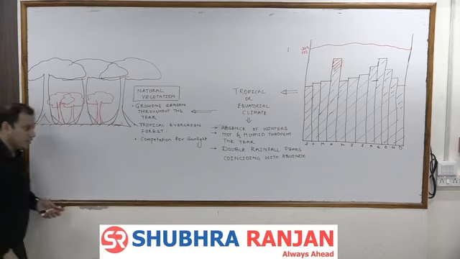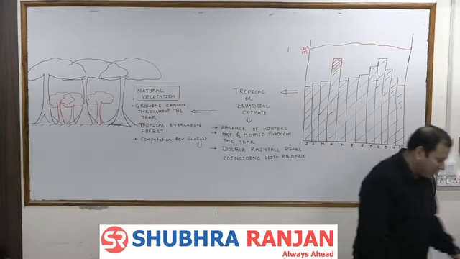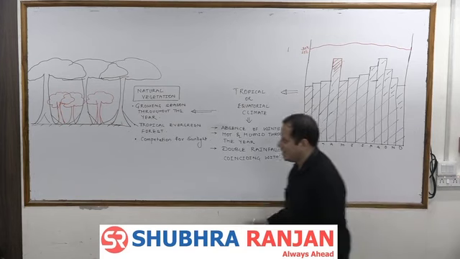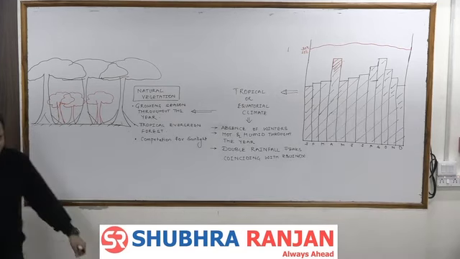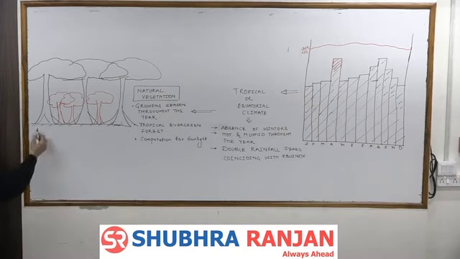Then there will be a third layer of the trees which cannot grow on the filtered sunlight, neither can they be so tall, so they will take the help of these trees and start climbing upwards.